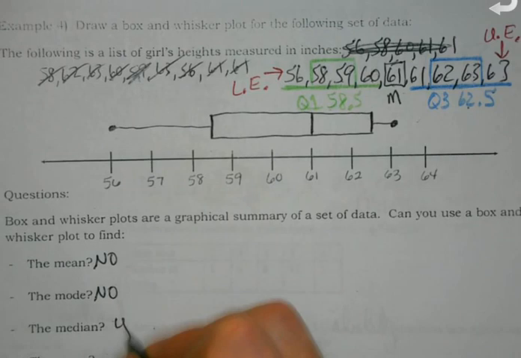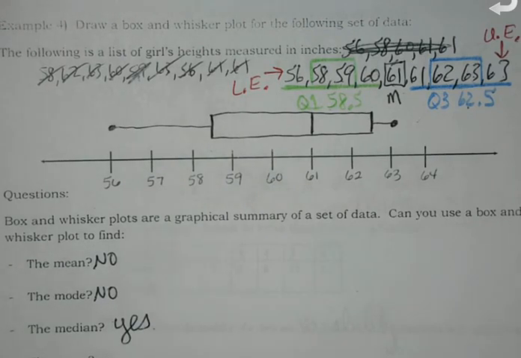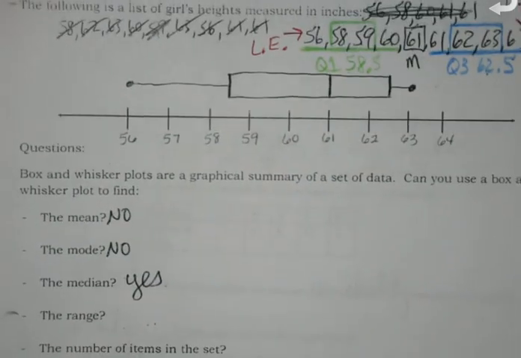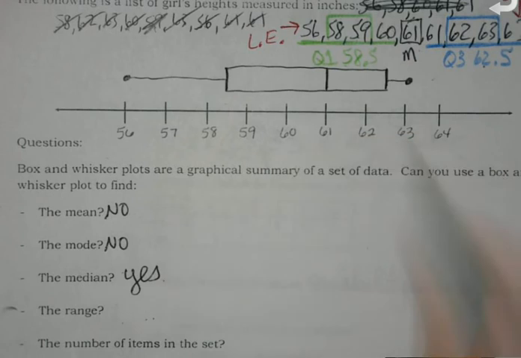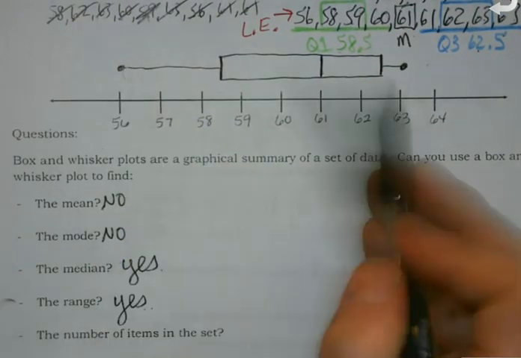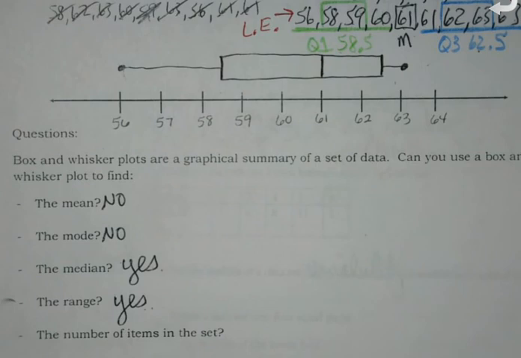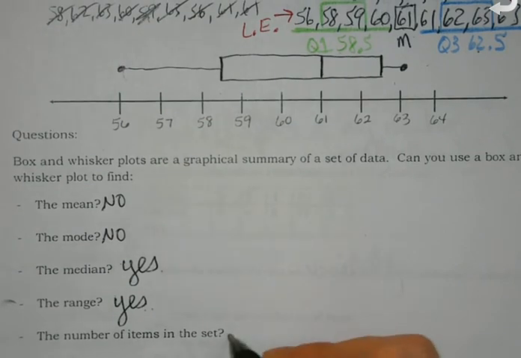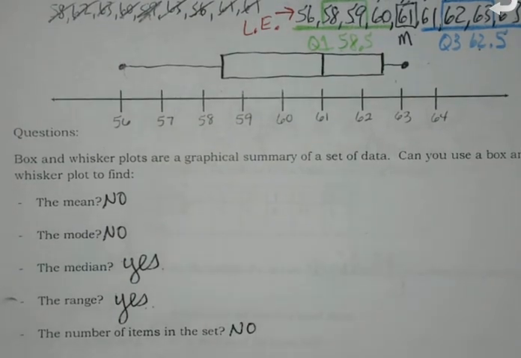The median? Absolutely. Because I have a line for that right here. Okay, my range. Absolutely, I can look at my two extremes and then subtract them. Okay. The number of items that I have in the set, no. I mean, this data could be for 500 scores instead of 10.